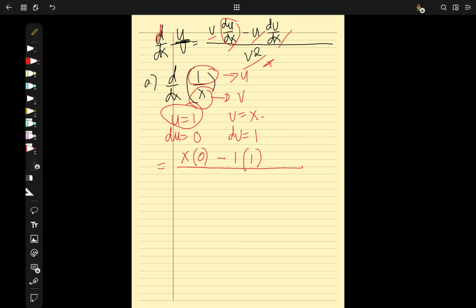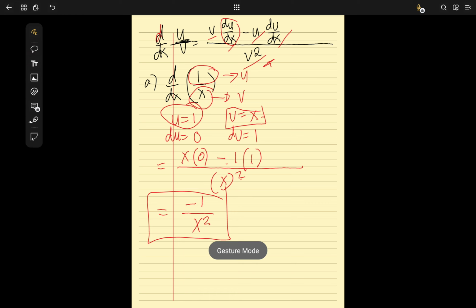Ang v natin is x. So, x squared. Let's simplify. x times 0 is 0. Negative 1 times 1 is negative 1. Over x squared. So, negative 1 over x squared. Wala na tayo pwede simplify. That is our final answer.